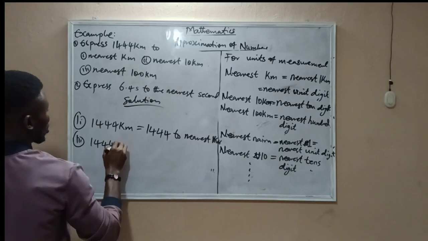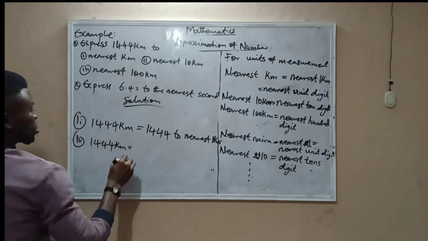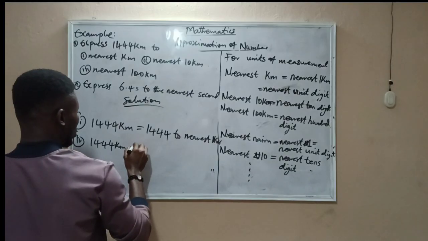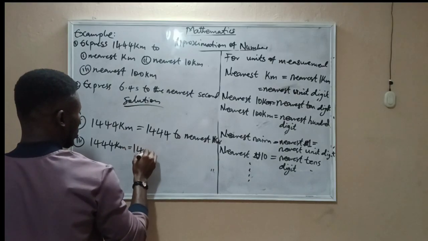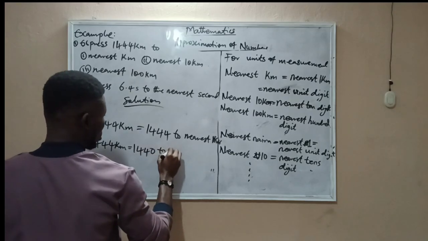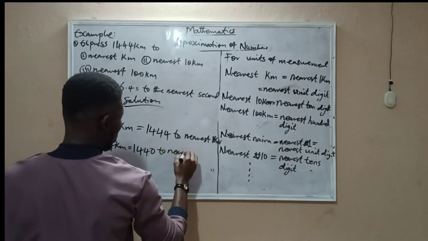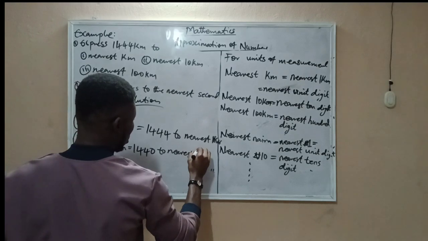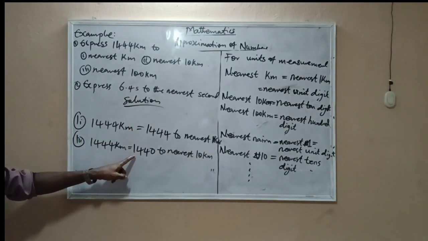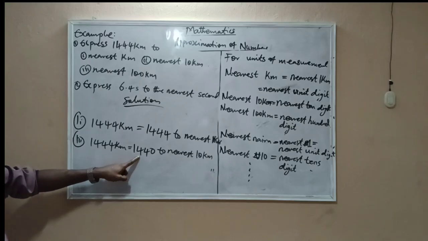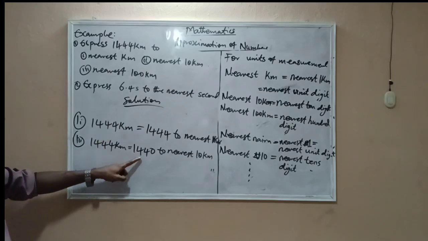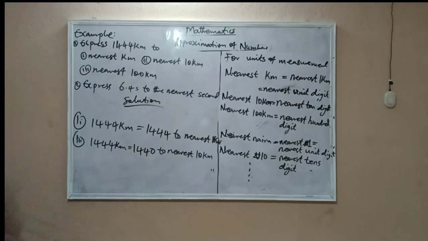Now 1444 kilometer to the nearest 10 kilometer is equal to 1440 to the nearest 10 km. This is thousands, hundreds, tens, then units.